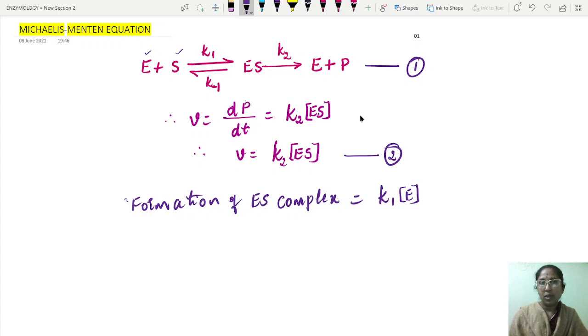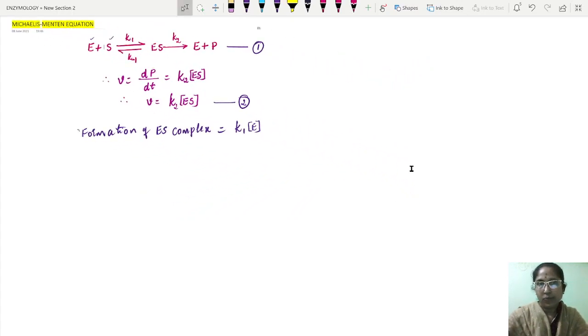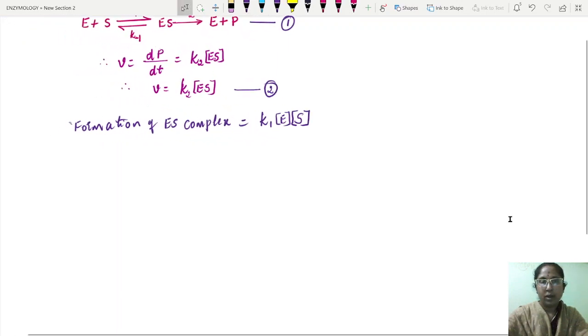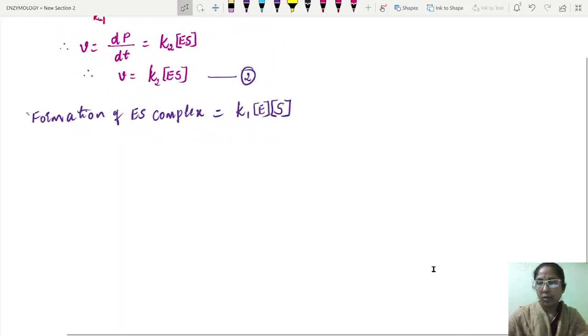Therefore, the formation of the ES complex is equal to K1 into E into S, the enzyme and the substrate concentrations.